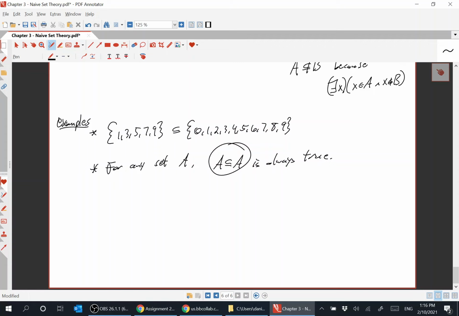Because it doesn't tell. In a journalistic sense, it's bad journalism to say A is a subset of A, because in journalism you want to tell a story, and you want to tell the whole story. You don't want to leave stuff out.